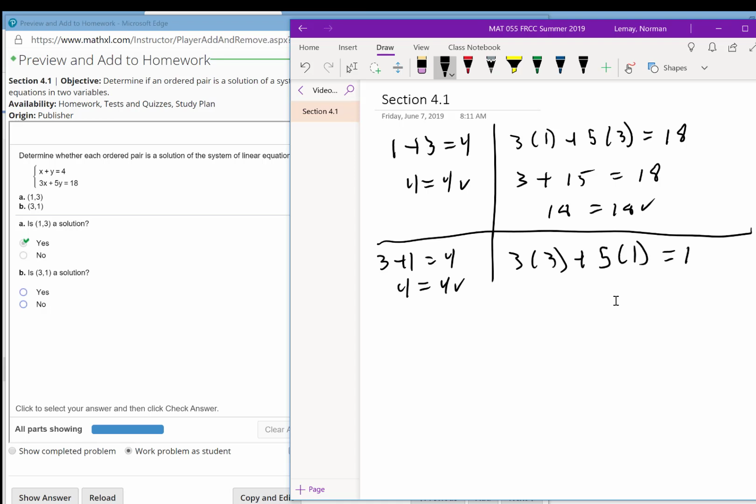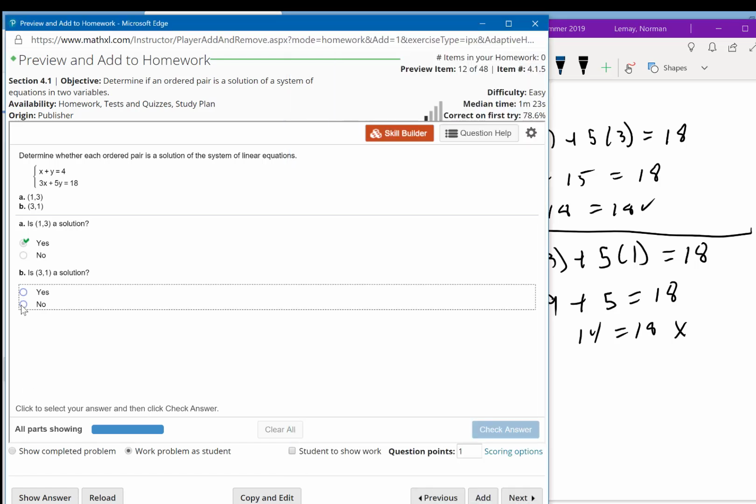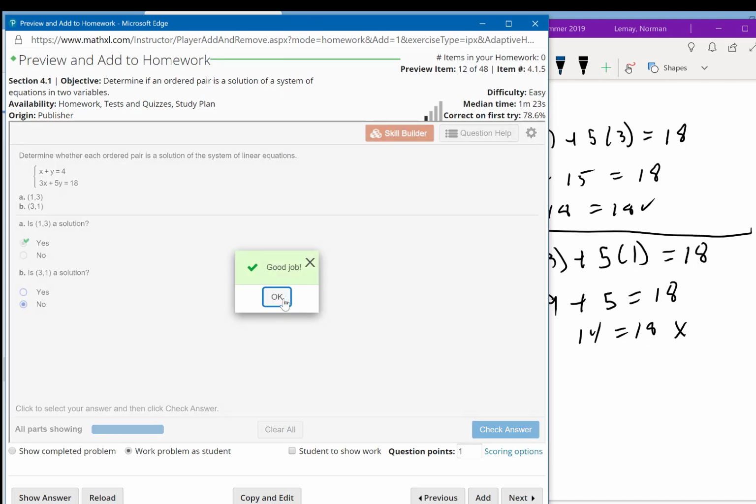And we want to know, does that equal 18? So notice we get 9 plus 5, so here we get 14 equals 18. And notice that doesn't work. So again, we'll come over here to our MyLab and check no, and notice that we got it right.